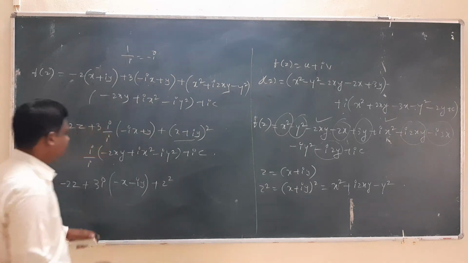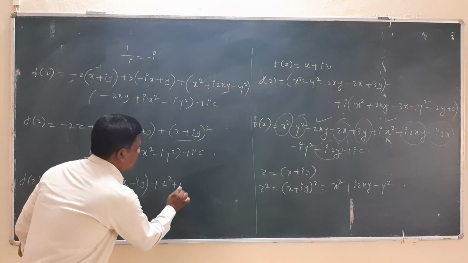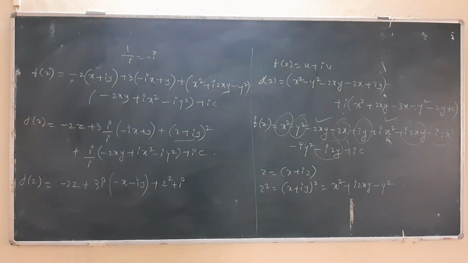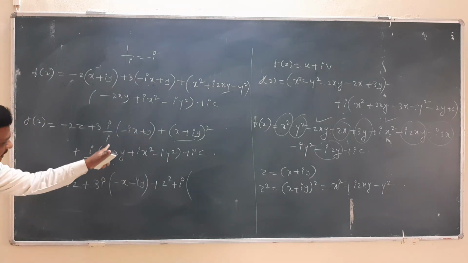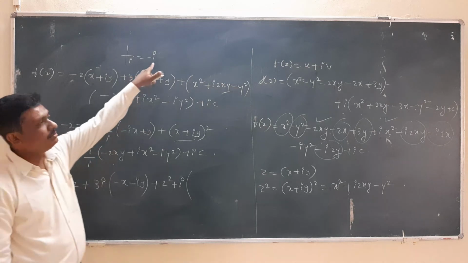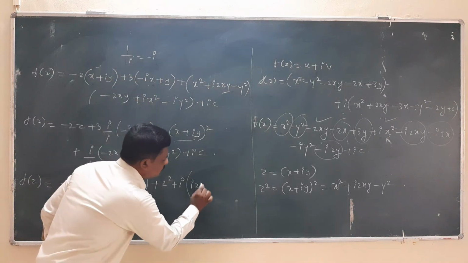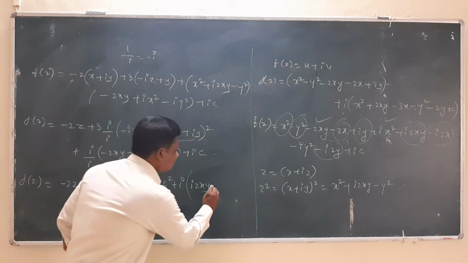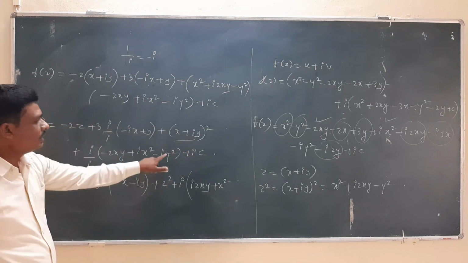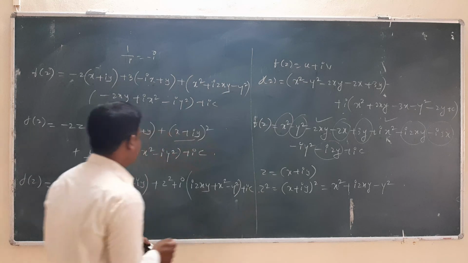Again I will take 1 upon i inside the bracket, and 1 upon i is minus i, so this becomes positive i into 2xy. Here i and i get cancelled, remaining is x square, and remaining is y square, plus i into c.